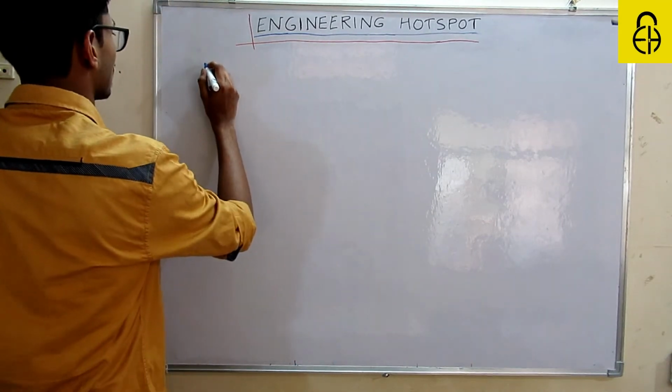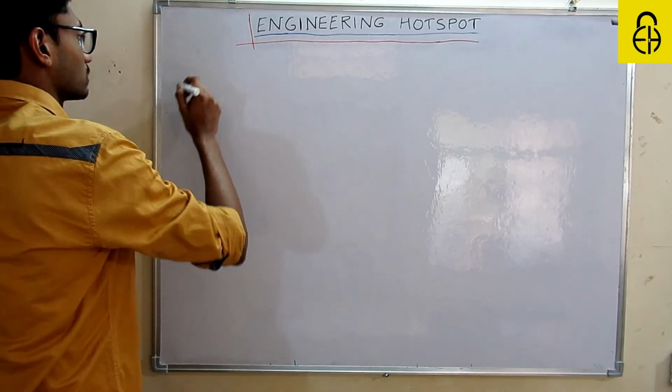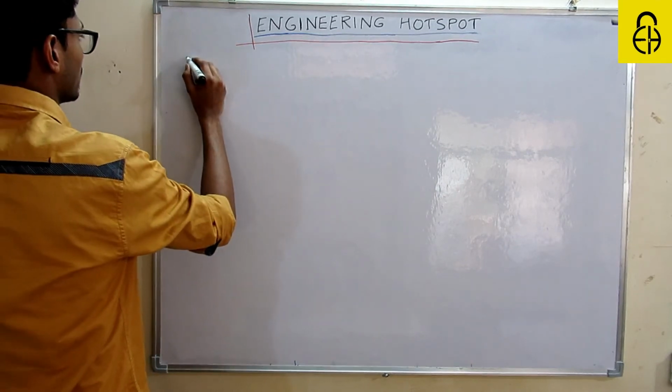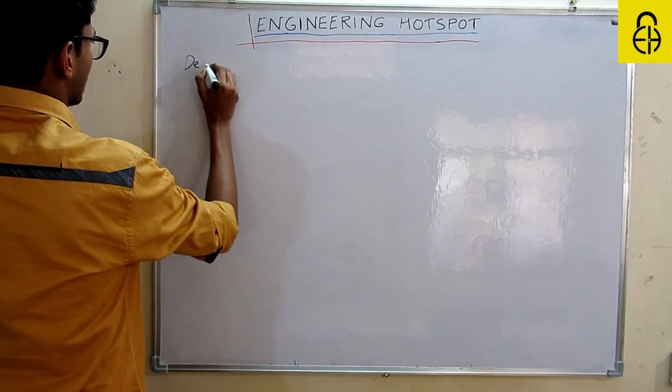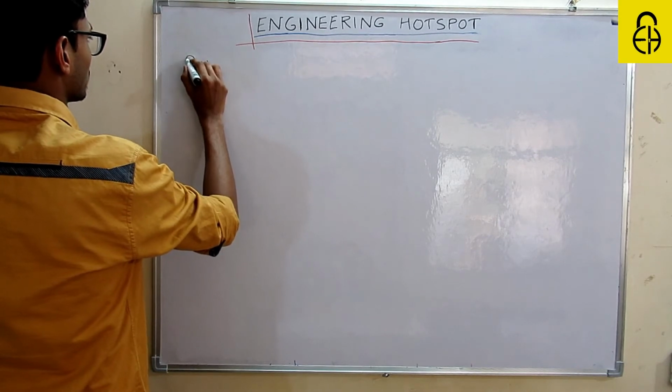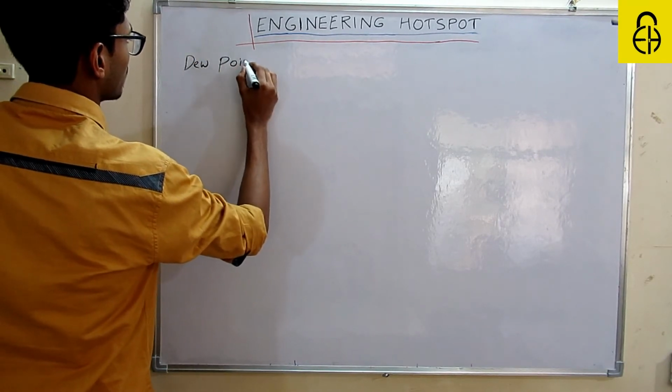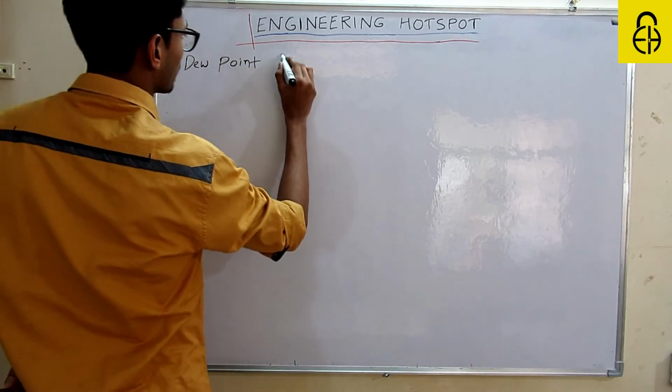First, let me discuss dew point temperature, because that is also a property. First we will finish all the properties, then I will draw the psychrometric chart. Dew point temperature.